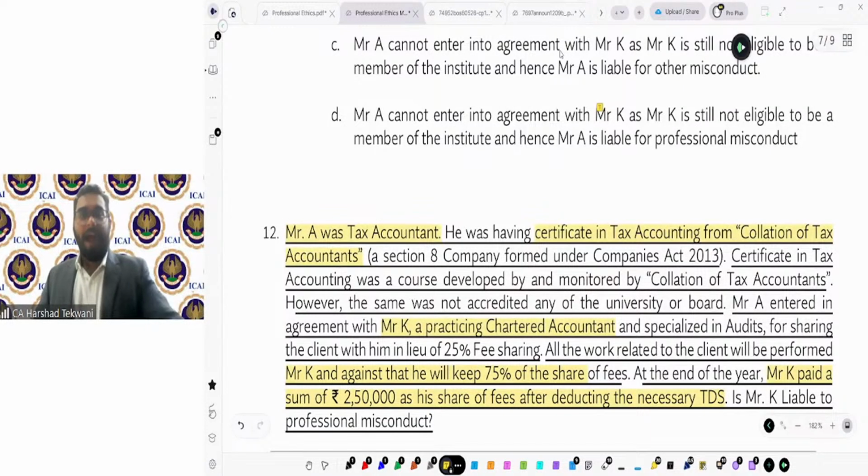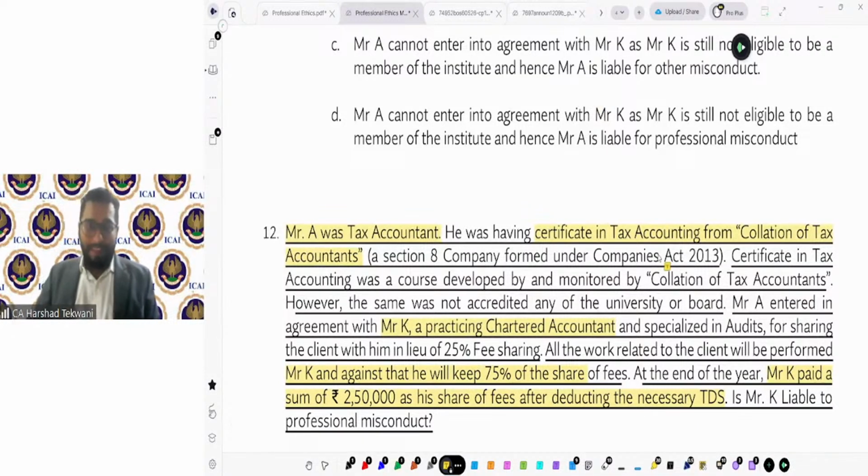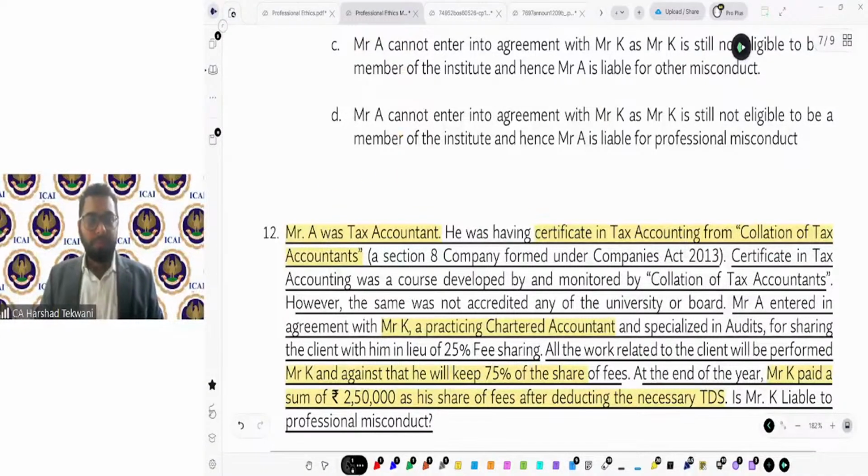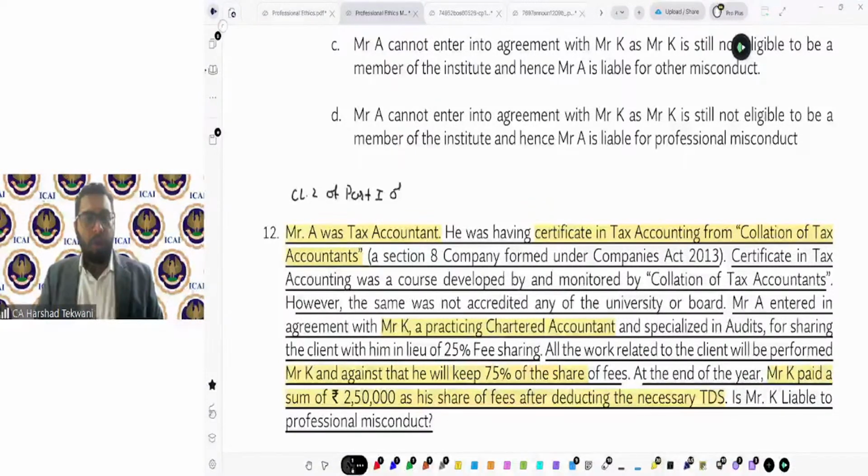Okay. If I have to write an answer for this particular question, just in a small summary way, not a big detail. First of all, I'll specify that clause 2 of part 1 of first schedule specifies that I cannot share fees with anyone.